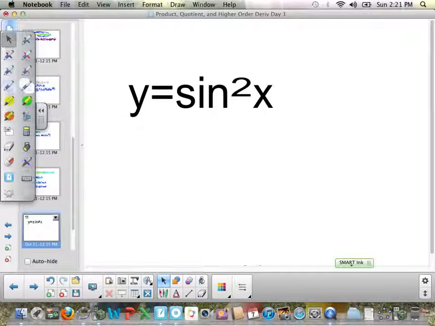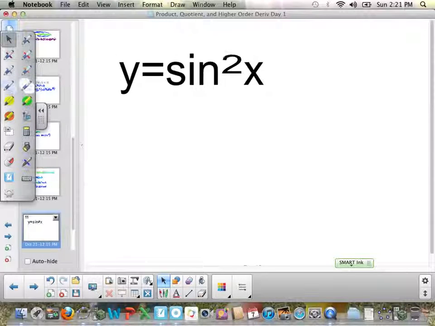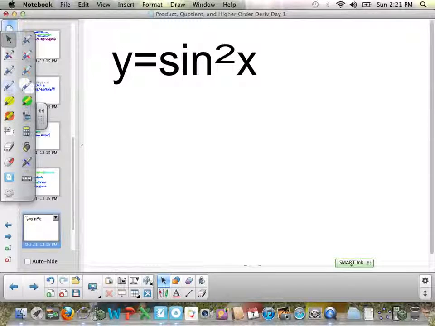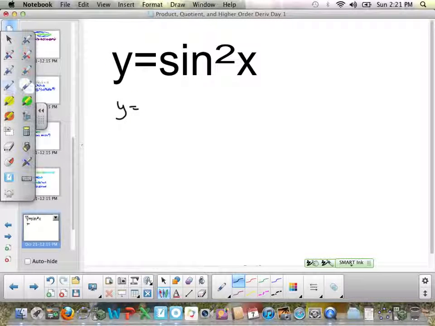Y equals sine of x squared. All right, this is just one function. How do you apply a product rule to one function? Well, squaring something means multiplying it by itself, so we can really think of this as sine x times sine x.